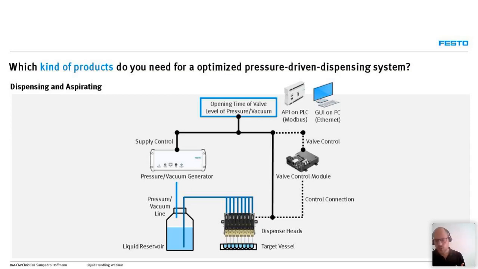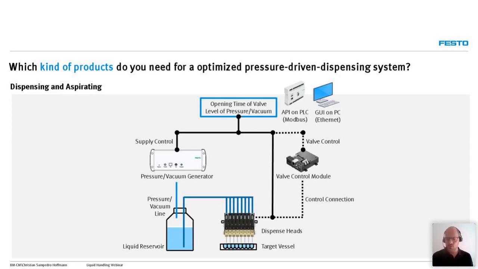So you can control the valves, the dispense head, with your PLC, but be aware that the PLC is fast enough. Imagine when you want to dispense a few microliters, the opening time of the valves is very short. We are talking about a few milliseconds, 4 to 6 milliseconds, for example.